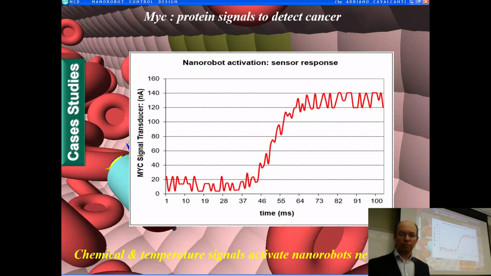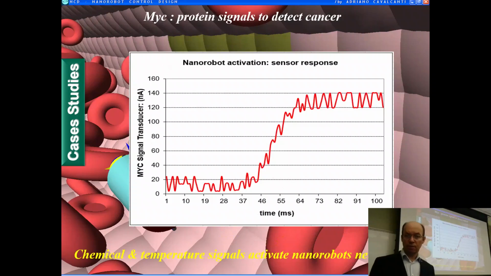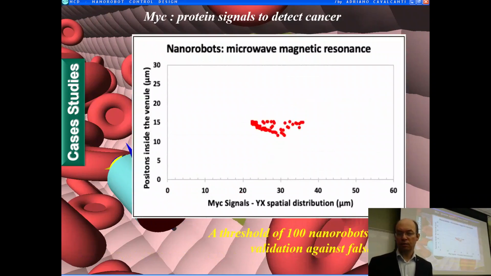Once the nanorobot sensor senses and detects a change in the gradient levels of the protein MYC, the nanorobot sensor is activated, and the nanorobot sends a signal pinpointing that we have overexpression of the protein MYC.